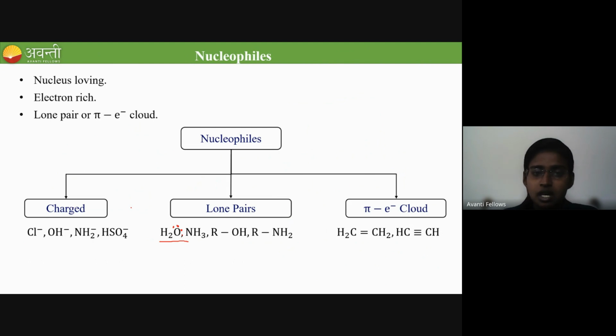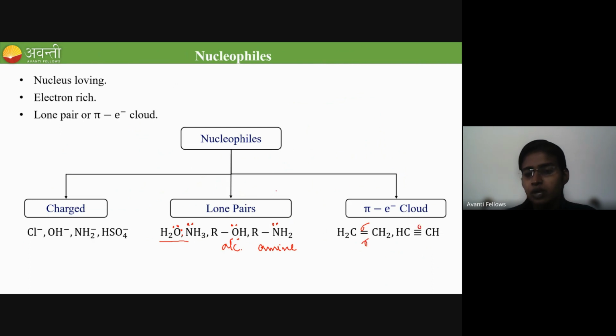And NH3. Nitrogen has one lone pair here. Coming to ROH, alcohol, oxygen has two lone pairs. And in an amine, nitrogen has one lone pair. Coming to the third category, pi electron cloud containing nucleophiles. In a double bond, one is sigma and the other is pi.